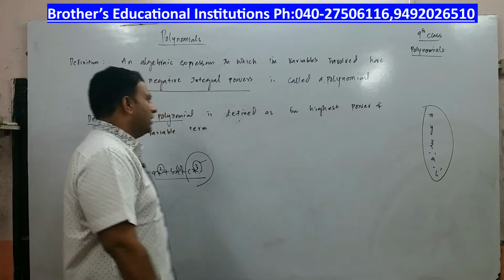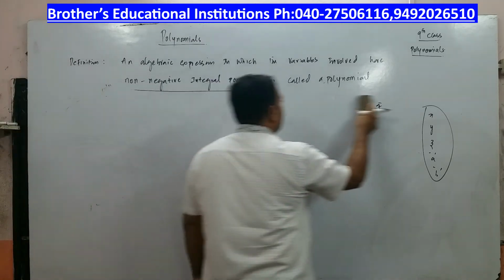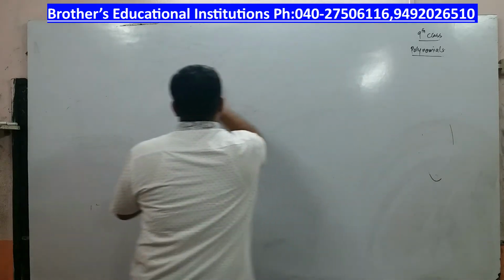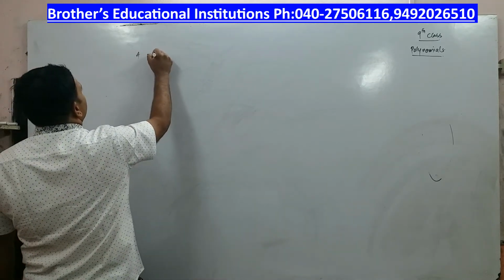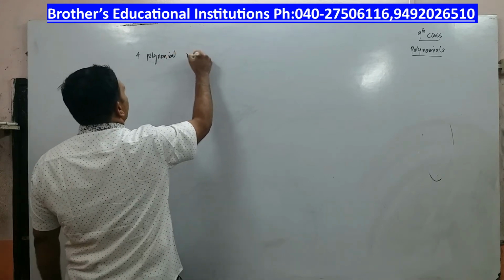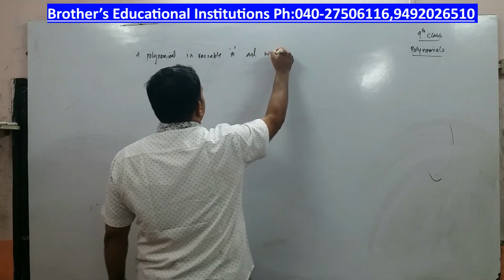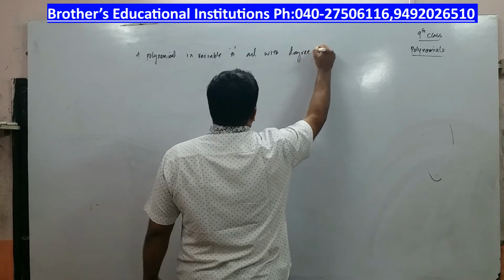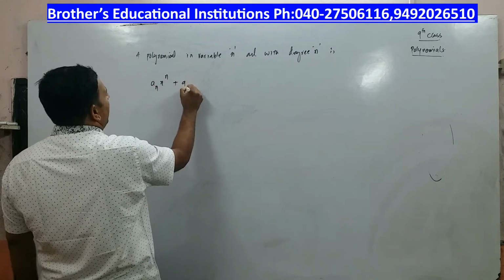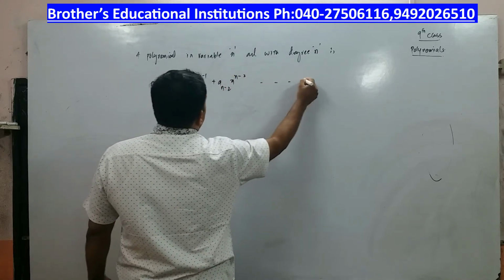Now, since you have understood what the degree of a polynomial is, we will take a general polynomial with degree n. So I will say a polynomial in variable x and with degree n is a suffix n x to the power of n, a n minus 1 x to the power of n minus 1, a n minus 2 x to the power of n minus 2, and so on.